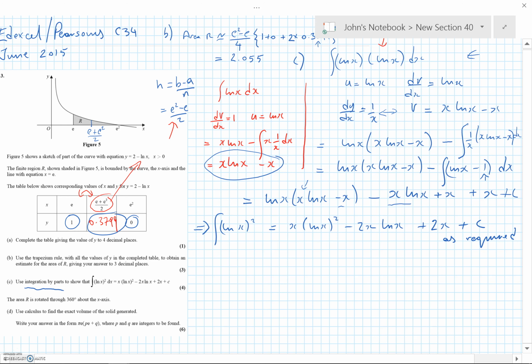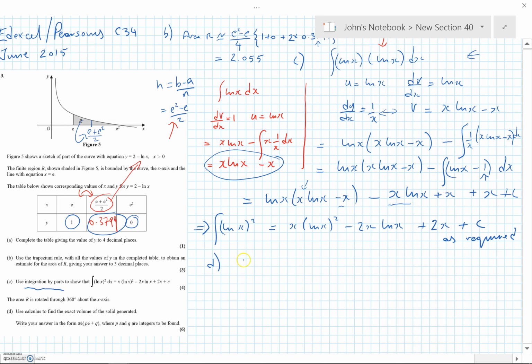Right, now it's talked about this thing being integrated around, and we have a formula for integrating and finding a volume.